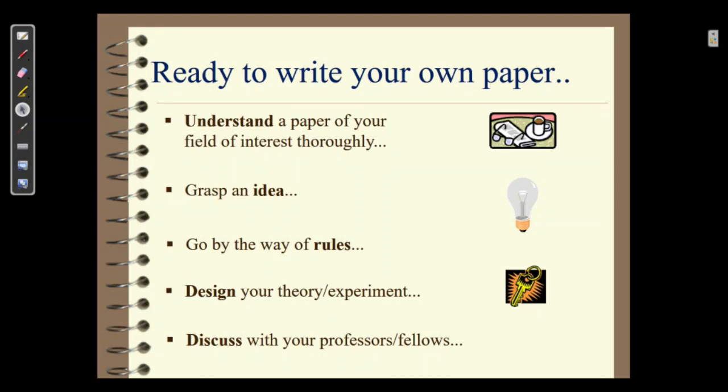Then we need to check some experiments, let's say one of the experiments, 2, 3, 4. So we should go by the way of rules. Then we have to design the theory: for example, what I am going to do and how I will do it as an experimental researcher.